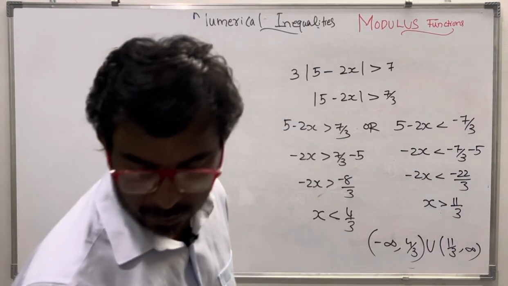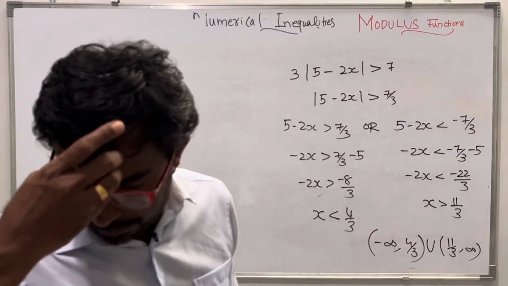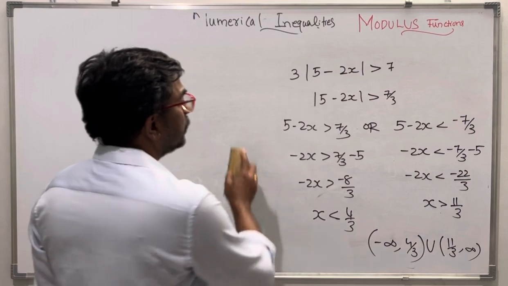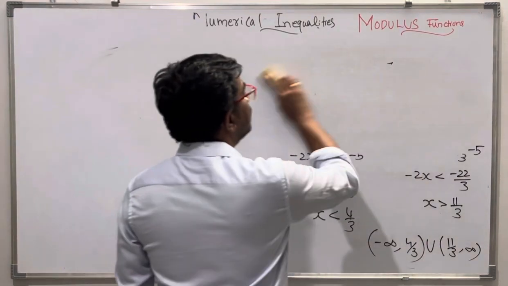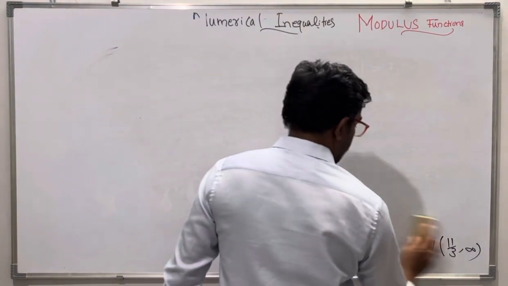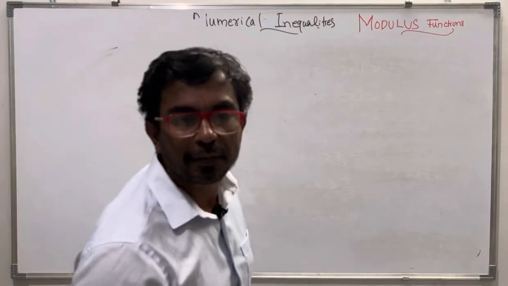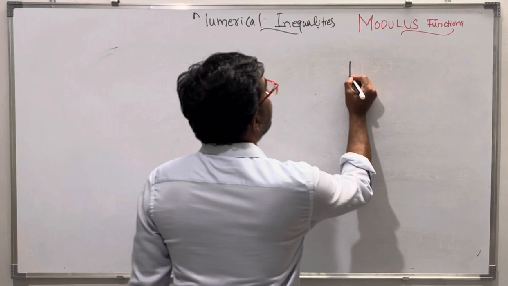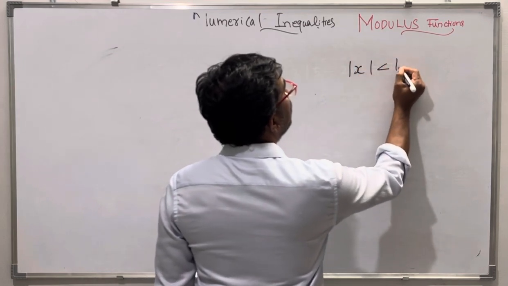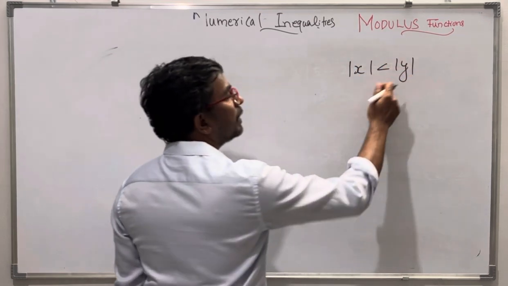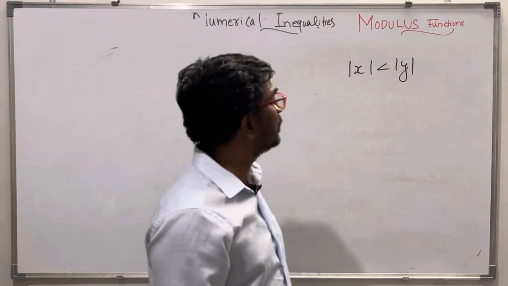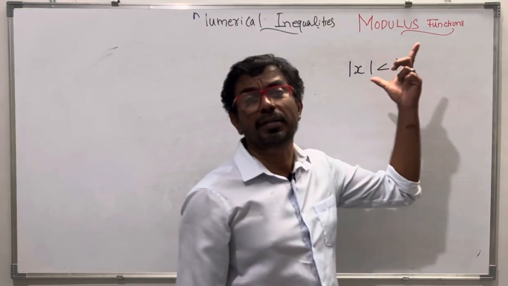And we have a situation like here. Suppose you get a question like this. This is another property which you should remember. If mod x is less than mod y, both sides it's not a real number, both are variables. If you get like this, how do you deal? What you can do is you square it.